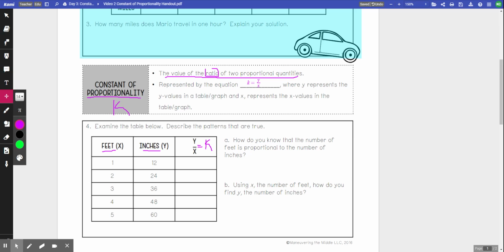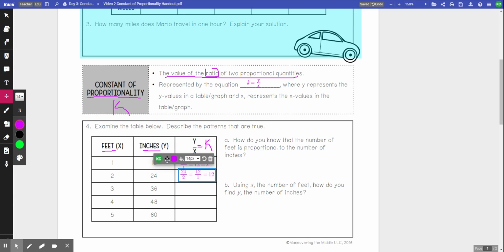So for our first fraction, we're going to have y over x, which would be 12 over 1, which simplifies to just 12. Our next set, we have 24 over 2, which simplifies to 12 over 1, which is also just 12.